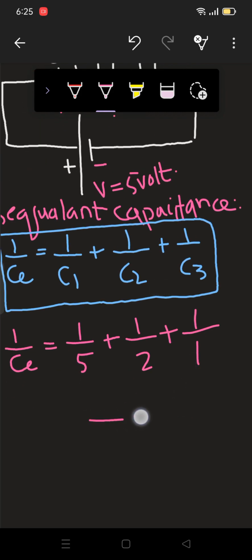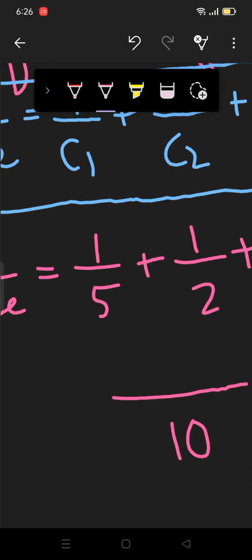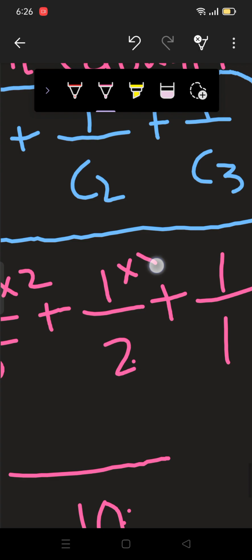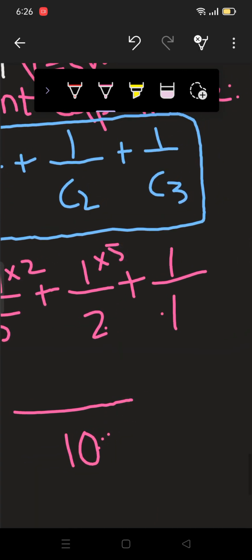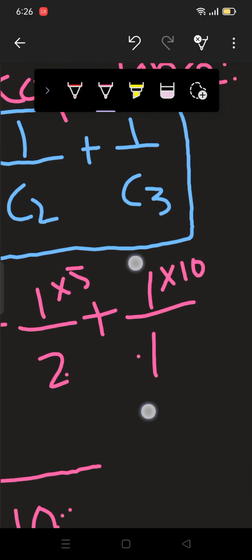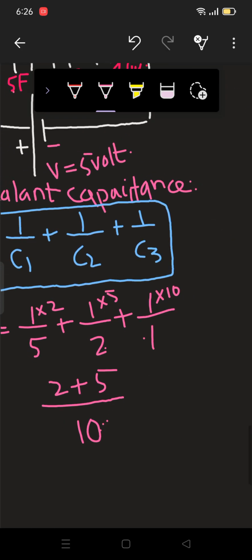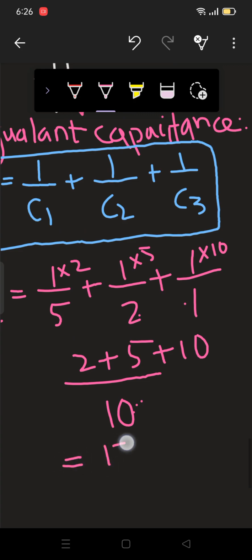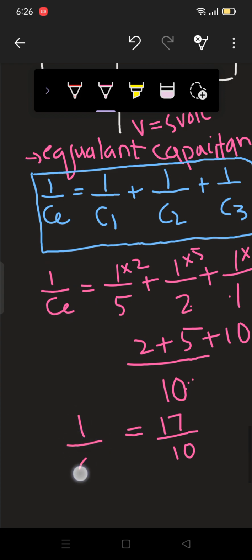Now the common denominator of this would be 10. 10 divided by 5 is 2, so this is multiplied by 2. 10 divided by 2 is 5, so this is multiplied by 5. 10 divided by 1 is 10, so we multiply by 10. So 1 twos are 2, plus 1 five is 5, plus 1 ten is 10. When we add these all, we get 17 upon 10. So this is 1 upon CE.